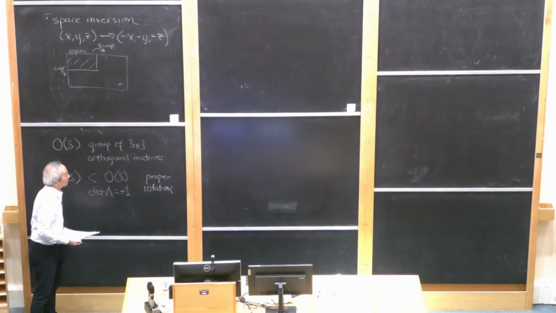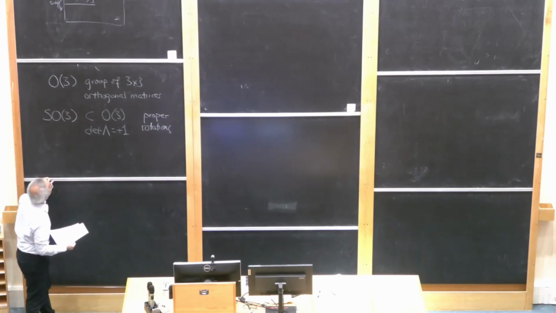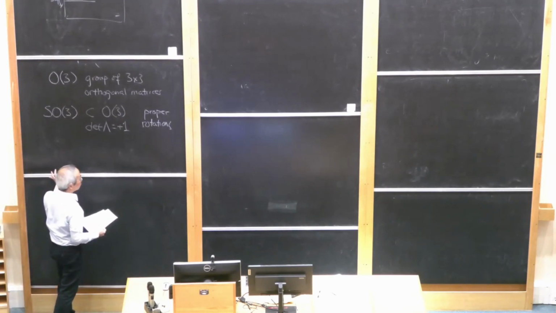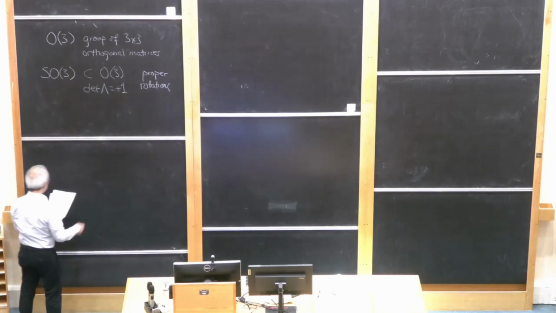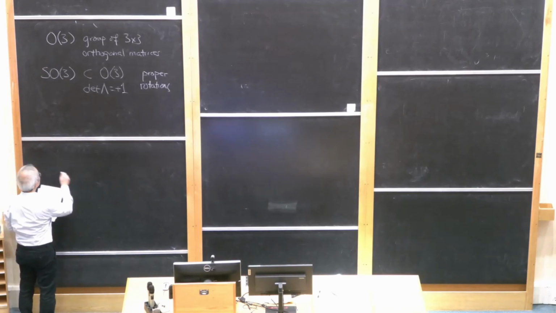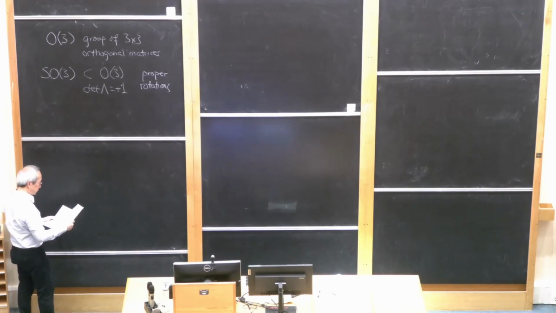Let's see. We also talked a little bit about generators yesterday, right? Given that we're talking about a Lie group, it shouldn't surprise you that there will be generators involved, and there are 3, not at all a surprise. You've actually seen this before. So we'll write down the exponential map as usual.